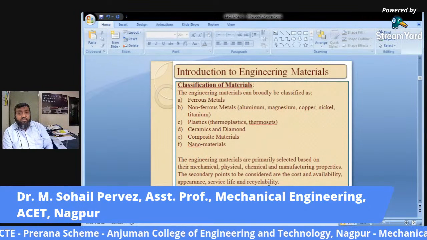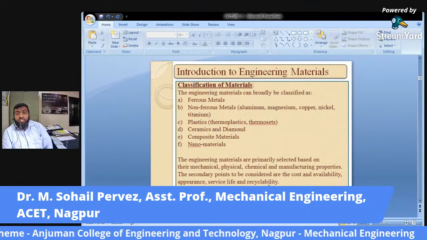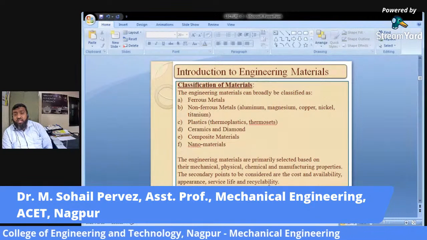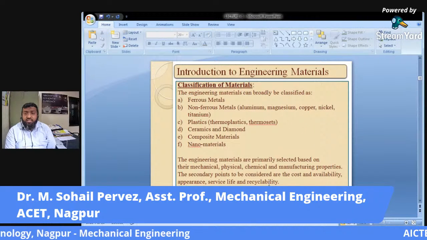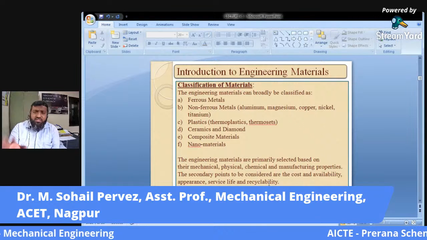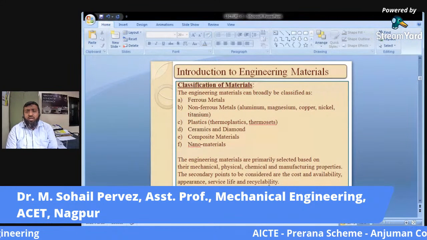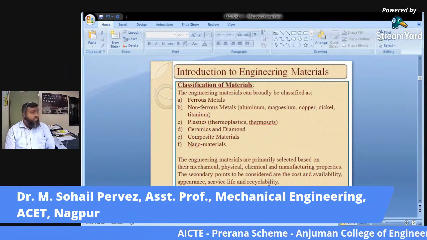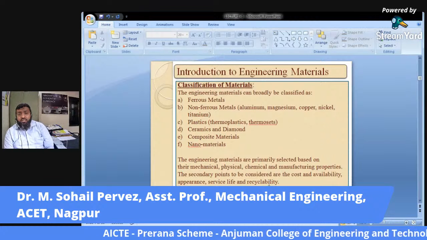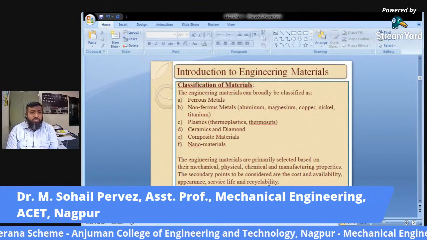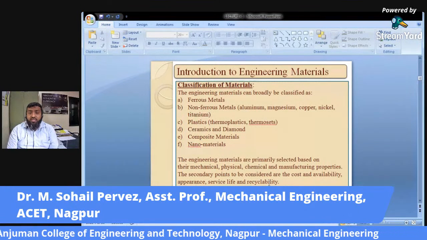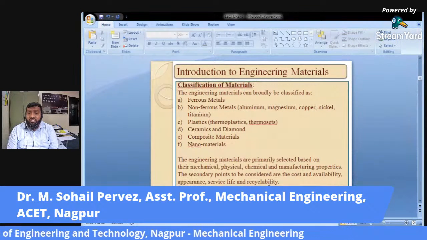The next is classification of materials. The engineering materials can broadly be classified as ferrous metals and non-ferrous metals. For non-ferrous, I have simply written down aluminium, magnesium, copper, nickel, titanium. The next type is plastics, thermoplastics and thermosets.